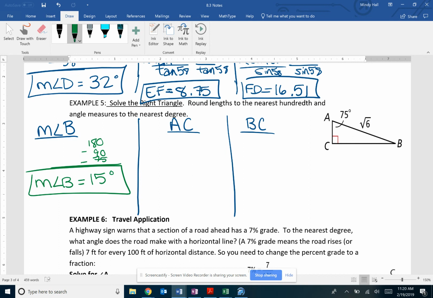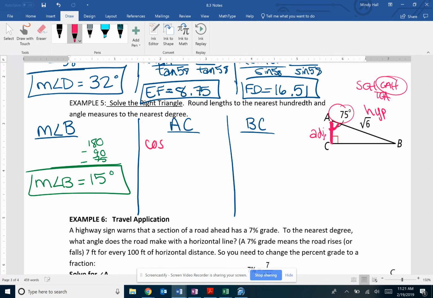For AC, let's change to pink. AC is this side on the left. Again, I try and focus on using the same angles that they give me for sure. So since this is a 75, I want to base it off of this angle up here. So if I'm basing it off of the 75, AC is my adjacent. I'm not saying you can't use angle B. That would also be fine, but just being aware of your options. So if we use that, we have adjacent and hypotenuse. So using SOHCAHTOA, if you haven't already written it 1,000 times, adjacent and hypotenuse is cosine.